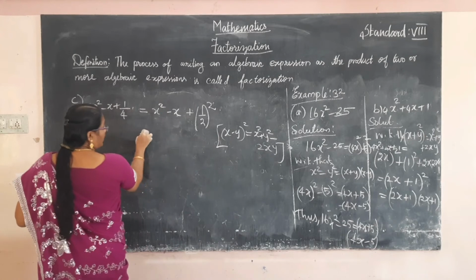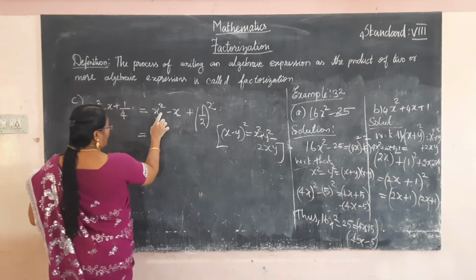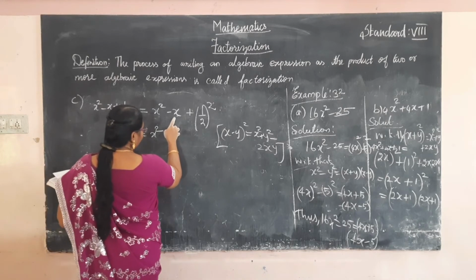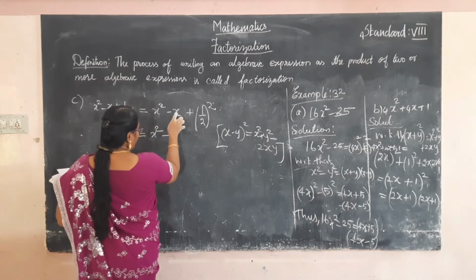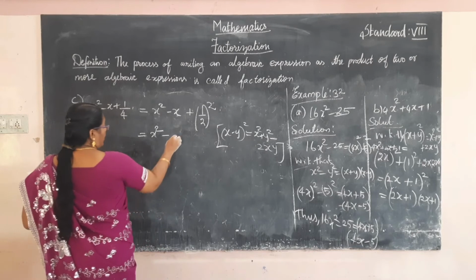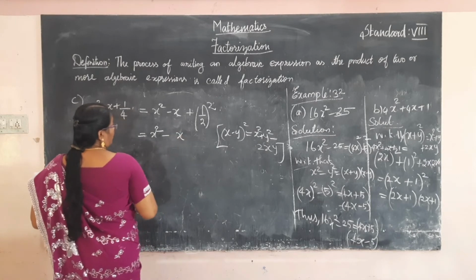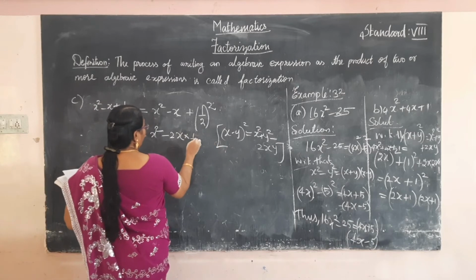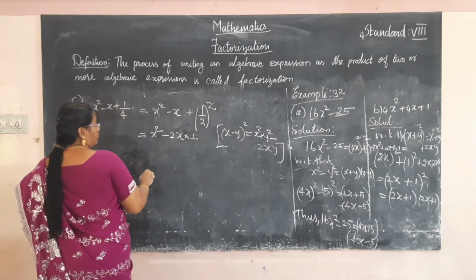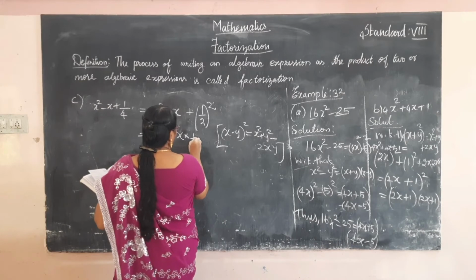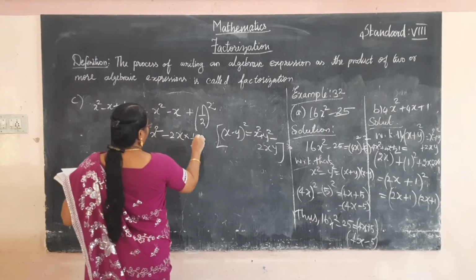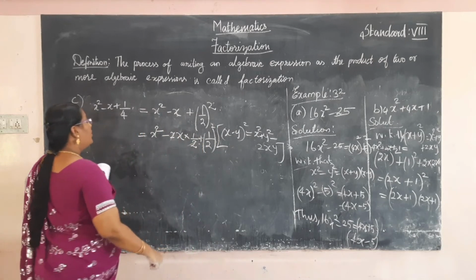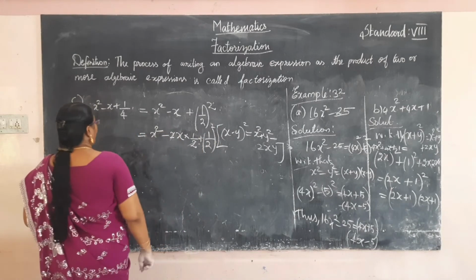So check the statement here, the x value is x, 2 into the y value 1 by 2, plus the y value is 1 by 2 the whole square. So 2 will be cancelled, we get this previous statement.